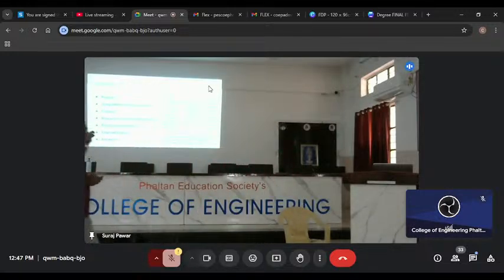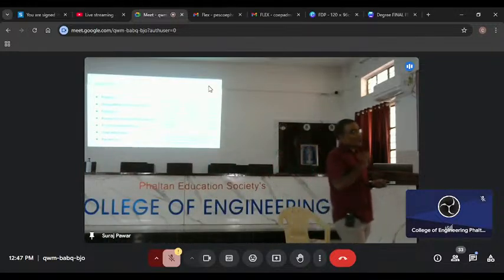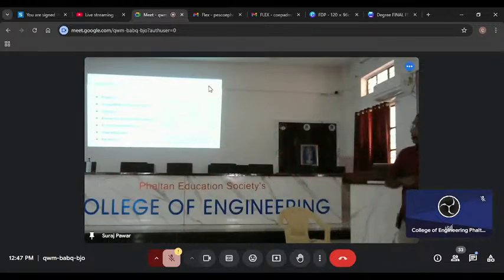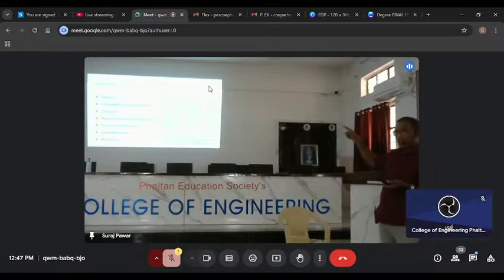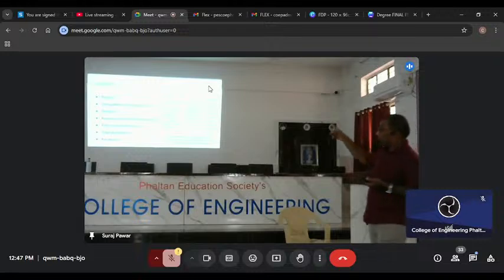Now, let us see what the keywords or sections in the abstract are. In the abstract: purpose, design and methodology, findings, research limitations, practical implications, originality or value, and keywords. These are the 7 pointers.